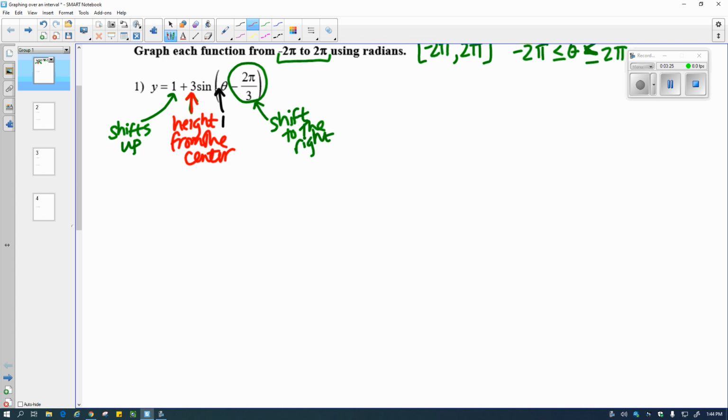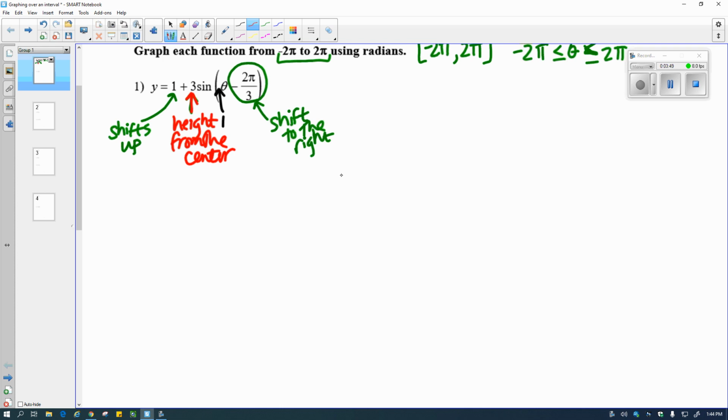Again, this first thing that I looked at, the number in front of theta, if I don't see it, I assume it's 1. Keep in mind that that changes how long it takes the graph to repeat itself. So we're going to put all of this stuff together, and I kind of have to do some prep thinking a little bit, but not too much. But I've got to consider all of the parts.